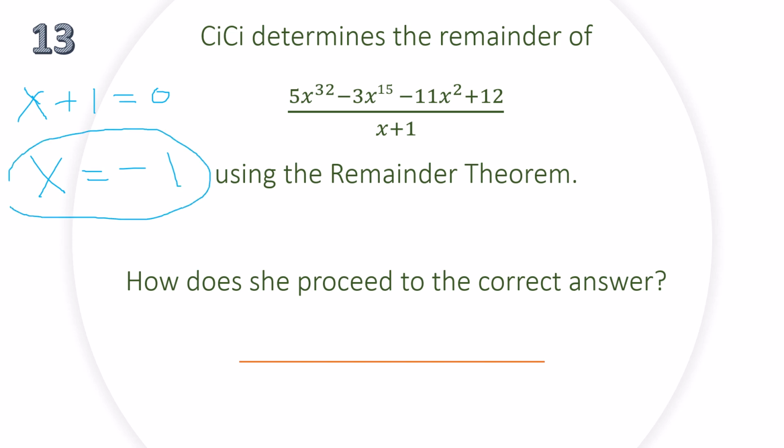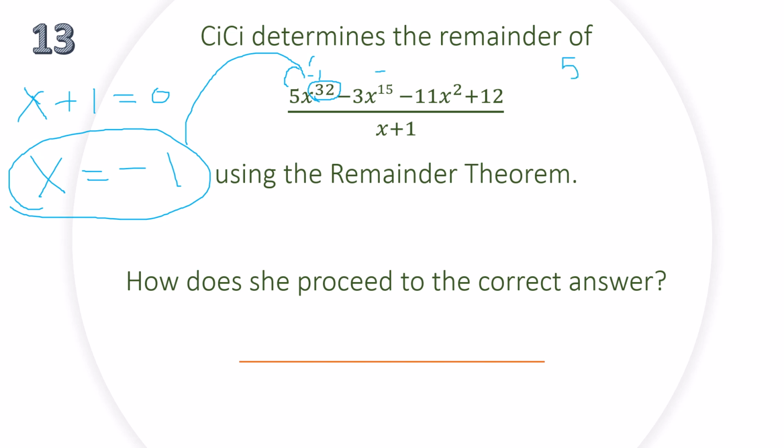She'll take this and substitute into the numerator everywhere there's an x. If you have a -1 to an even power, that's going to be a positive 1. So positive 1 times 5 is 5.